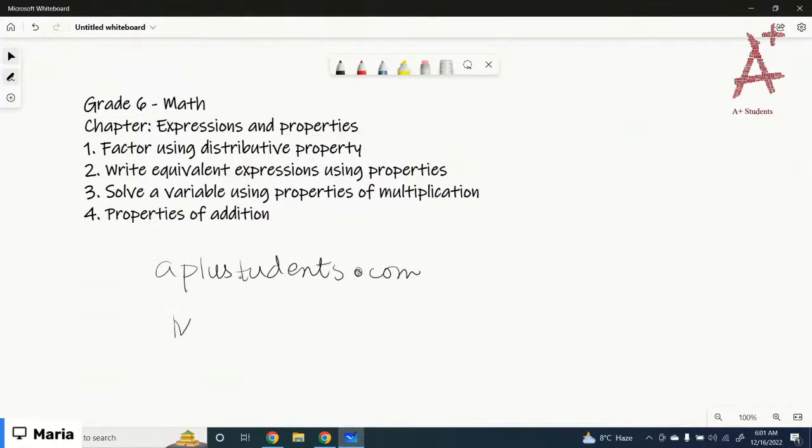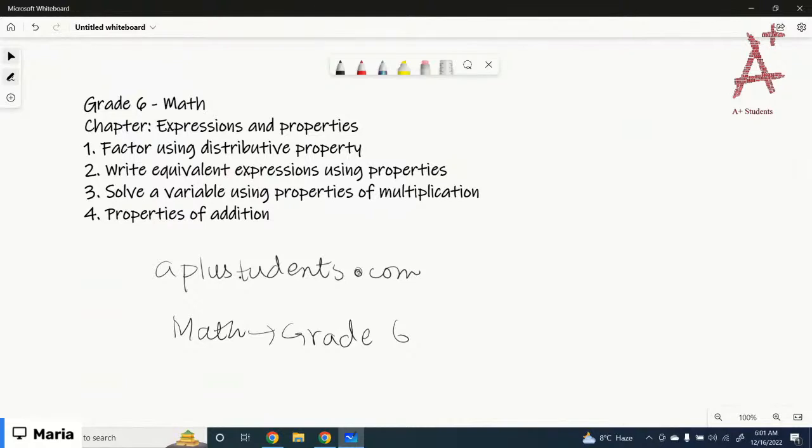Then you have to select math from the subject tab, scroll down to grade 6 maths, click on view all lessons. There you can find the chapter expressions and properties.